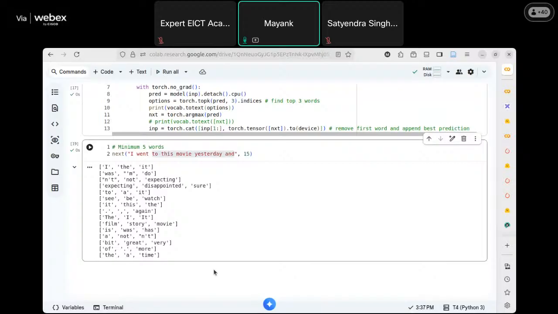The next session will start from 4 o'clock. I will share the notebook on Canvas. You can try to run it. You can improve the model by increasing the dimensionality of the hidden layers. You can try to implement top K sampling, top P sampling. All these could be good assignments for just playing around with code.